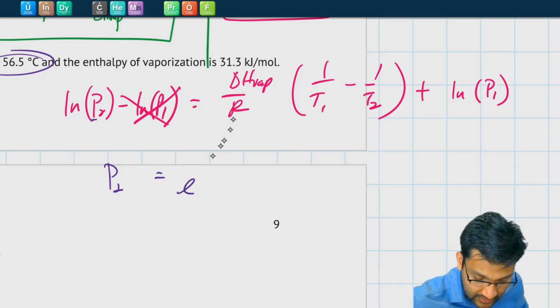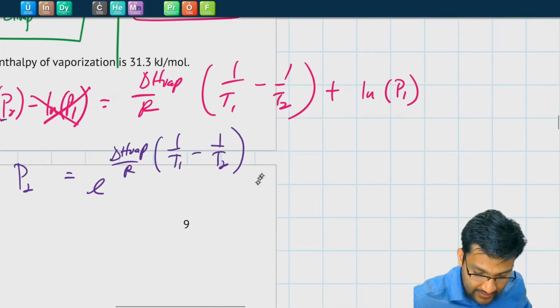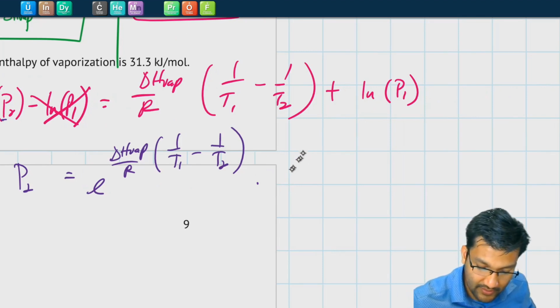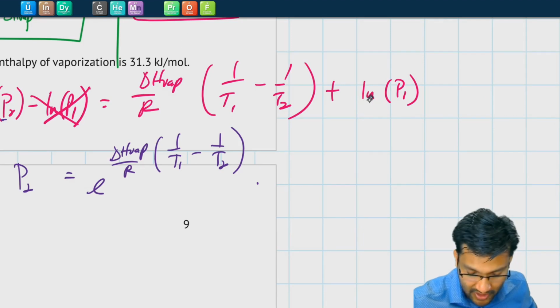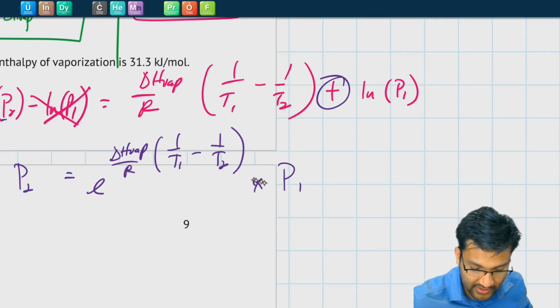This becomes e to the delta H of vaporization over R times 1 over T1 minus 1 over T2, right? And this becomes e to the natural log, and the exponent of a natural log just becomes P1. And this plus sign is now a multiplication sign.